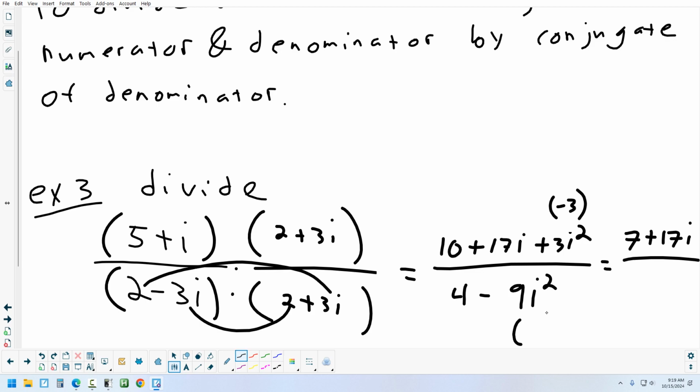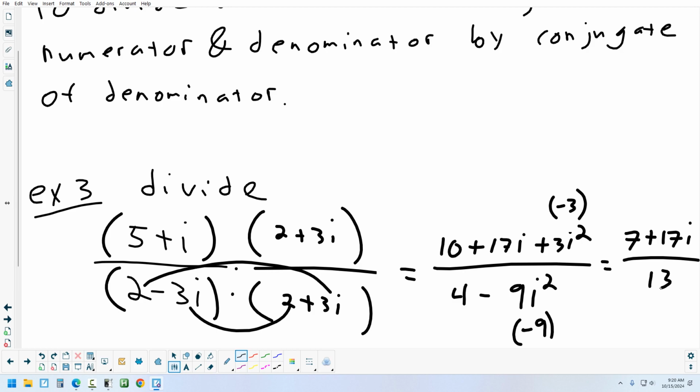And now the bottom, 9i squared is really what number? Negative 9. What's 4 minus negative 9? 13. And that's what I said at the very beginning that the bottom was going to come out to, 13.